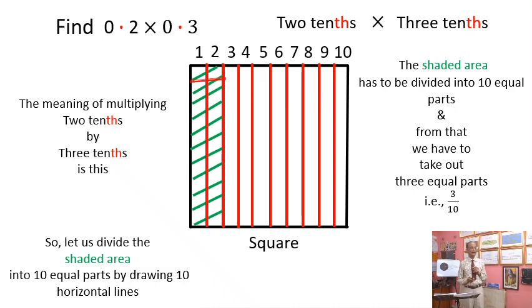This is the third equal part, and so on. So, these are the 10 equal parts. So 0.2 is divided into 10 equal parts, and from this we have to take just 3 equal parts. That we will show in the next slide.